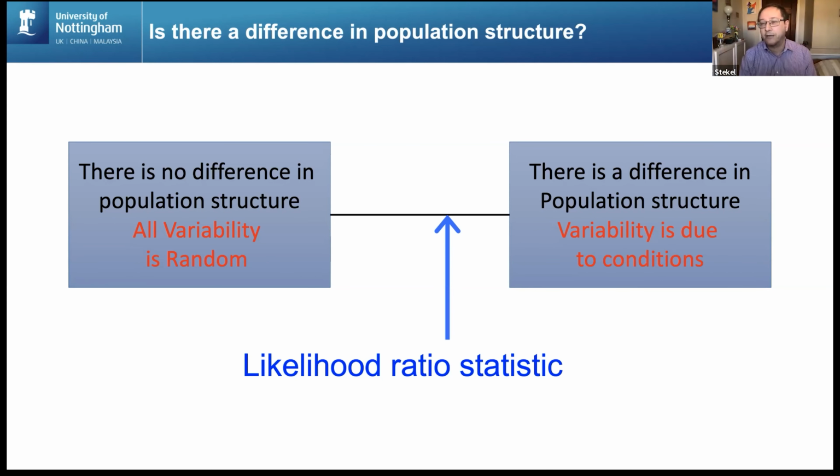But actually, there is a genuine difference between the population structures. And the reality is, of course, that we've got a mixture between the two in any given situation, right? You've got some amount of random variability and some amount of variability that may be due to the different conditions. And the likelihood ratio statistic puts an arrow into where you are between these two places, and allows you to accept or reject the null hypothesis in a standard way.